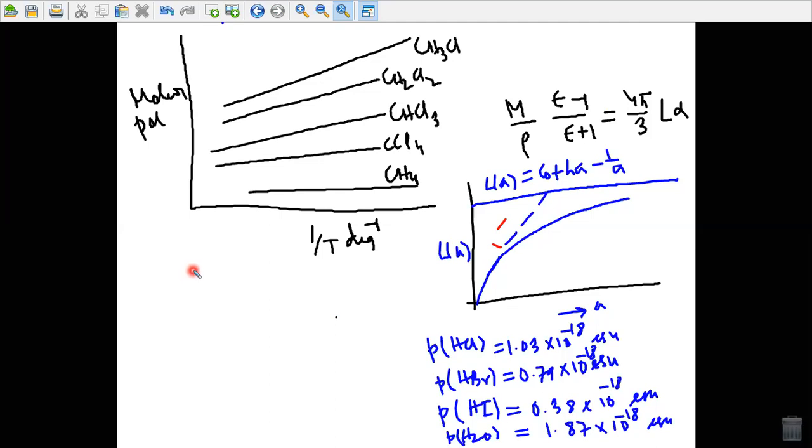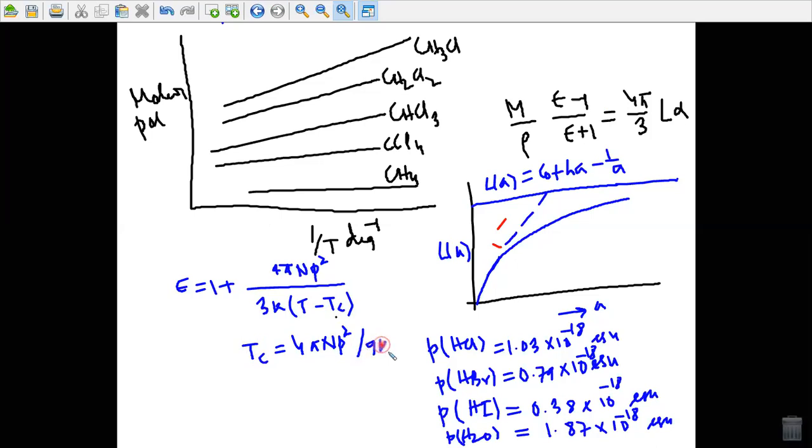To see this failure, if we neglect the deformation polarizability, we obtain the dielectric constant as 1 plus 4 pi N p squared over 3k times (T minus Tc), where we have set Tc equal to 4 pi N p squared over 9k.